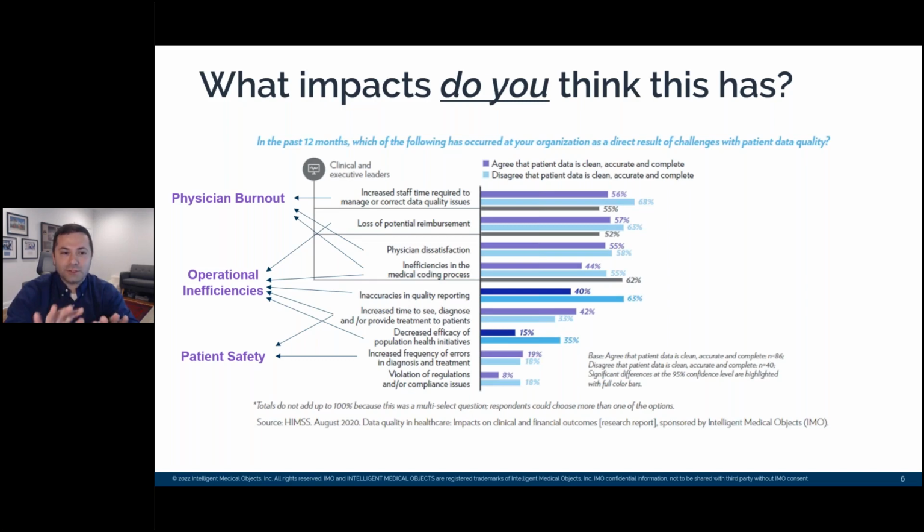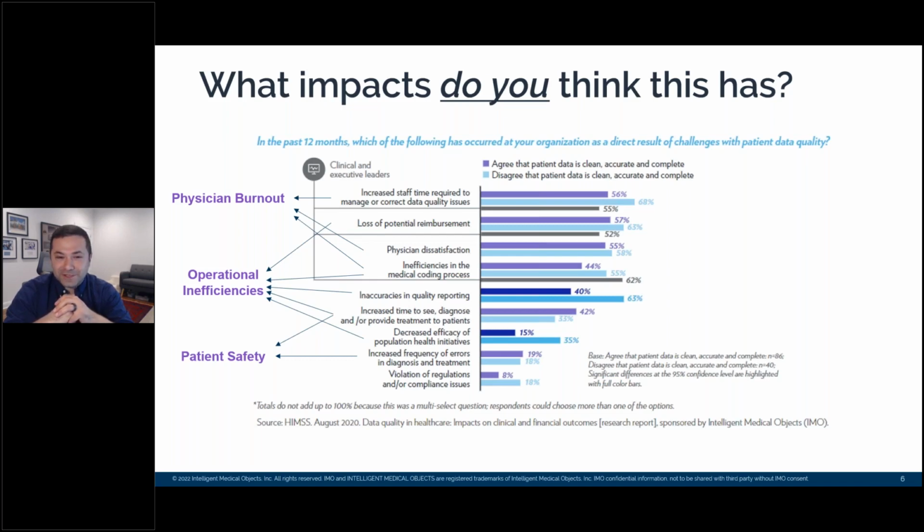So you're putting additional effort and workload on their shoulders, which will lead to physician burnout. And if any of them don't have time, or there are team members who might not have the accuracy, relevancy or experience behind the scenes to manage and maintain this information, it wholeheartedly will lead to operational inefficiencies.